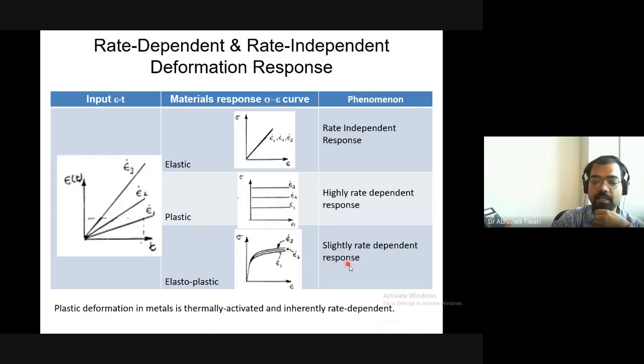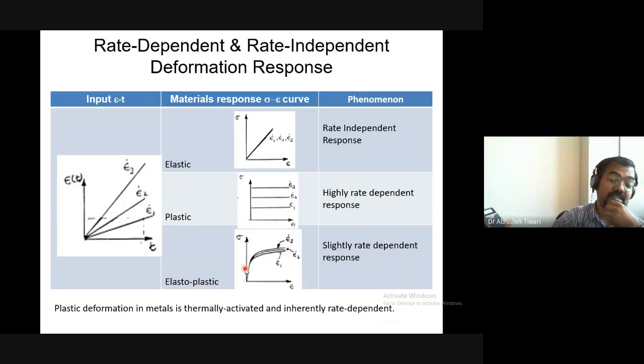And then you can have a slightly rate dependent response of an elastic plastic material. Again, in this case you see that the elastic modulus is not changing because the strain rate is not very different. We are talking about a difference of, let's say, the order of 100 or 1000. In an elastic plastic metallic material, you will see that the elastic modulus will not show much difference.